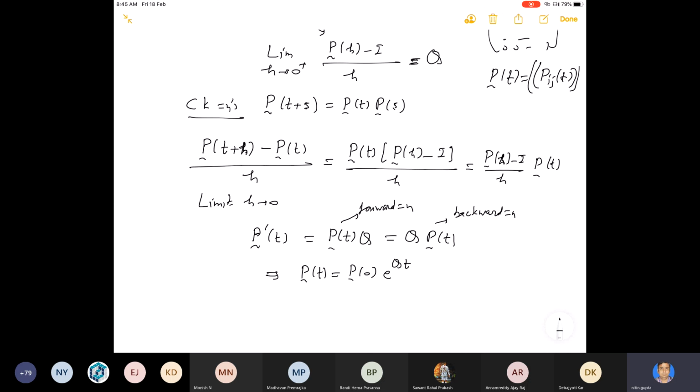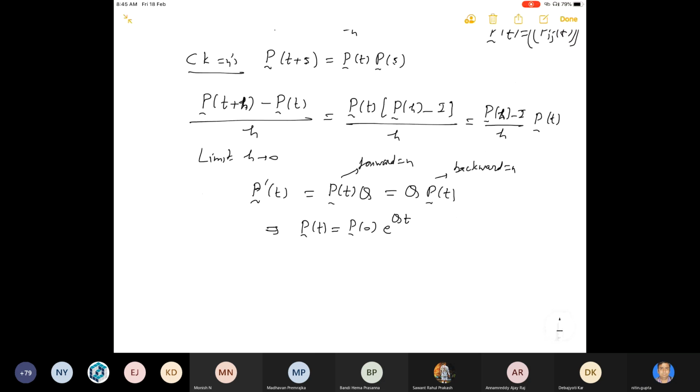Okay, but we know that P(0) is I. The initial condition is this, because if it is in state 0, then P(0,0) will be 1 and P(0,1) will be 0. So this becomes the indicator.